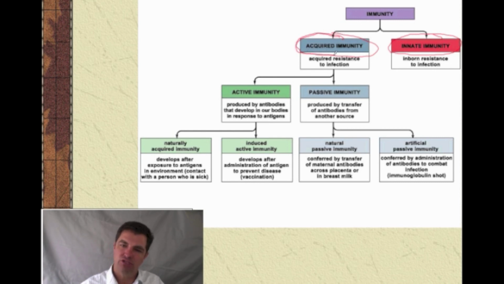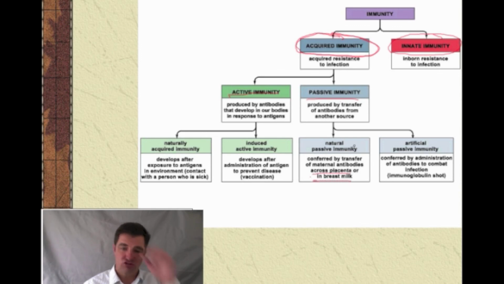But as you get exposed to different forms of infection, viruses, bacteria, so forth, you can develop either active immunity or passive immunity. Passive immunity is acquired, but you get it either by getting it across the placenta, for example, before you're born, or in breast milk.